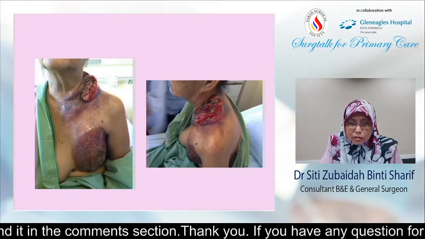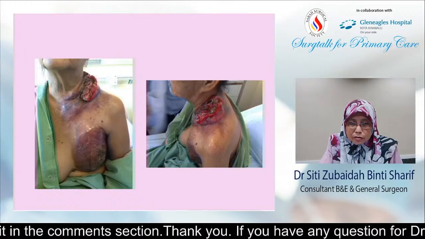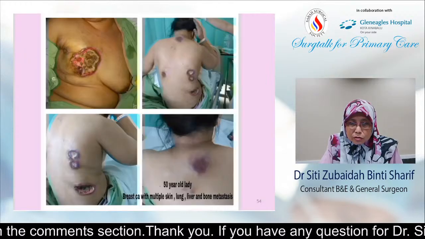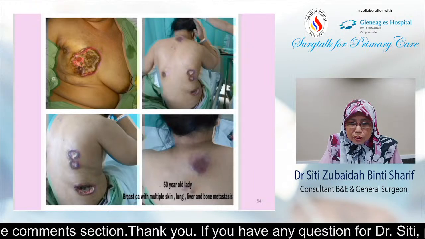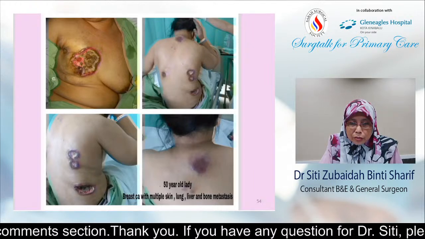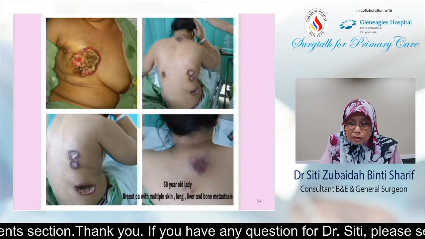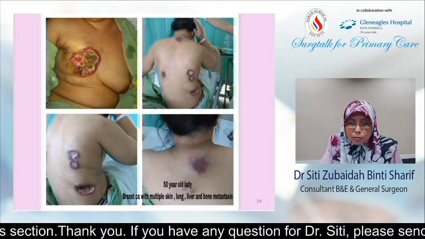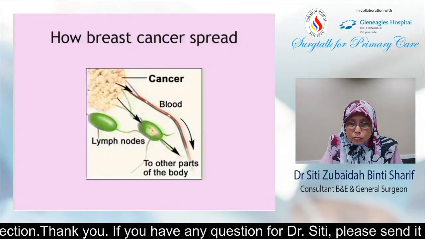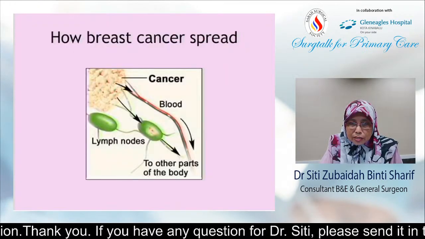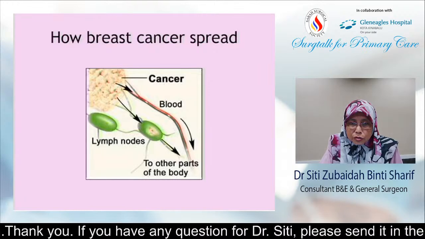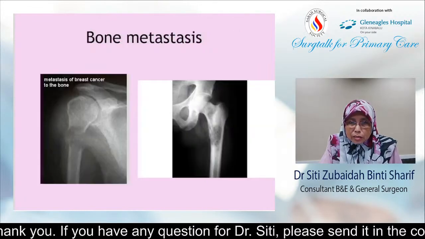Another advanced breast cancer, and also another lady with breast cancer mets to skin, lung, liver and bone. So breast cancer can spread through blood and lymphatic.